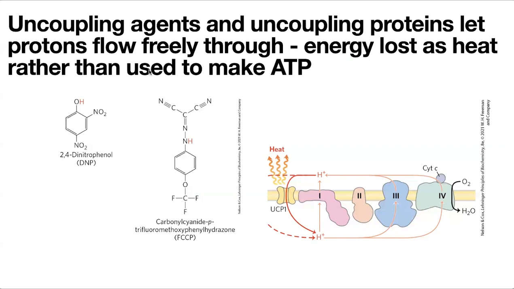To make things worse, once they're deprotonated, even though they're ionized, they have this resonance that makes it so that the charge is diffuse enough that they can diffuse back through the membrane, pick up another proton, and do this again and again and again, making them incredibly dangerous. So don't use them as a weight loss drug. Yes, you're burning energy without making ATP that could then be used to make fat and stuff, but you're also potentially going to die. So please, please, please do not use those.